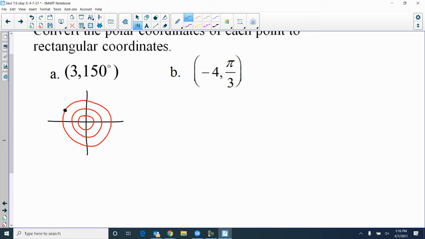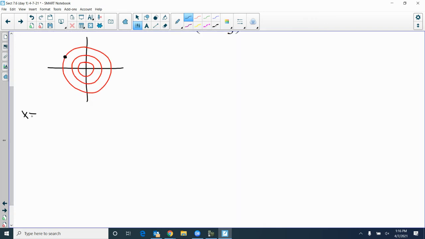So think about your coordinates of your x and your y. X has to be negative, y has to be positive. All right, so x equals r times cosine of theta. Y equals r times sine of theta. X equals, what was my r? 3 times cosine of 150. Y equals 3 times sine of 150.